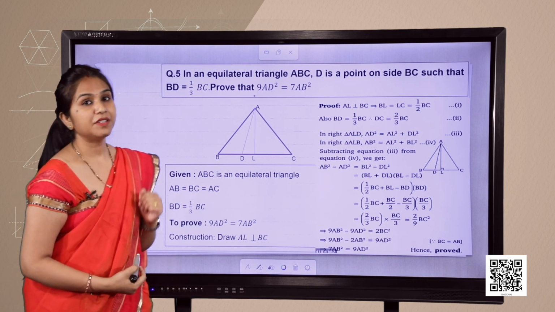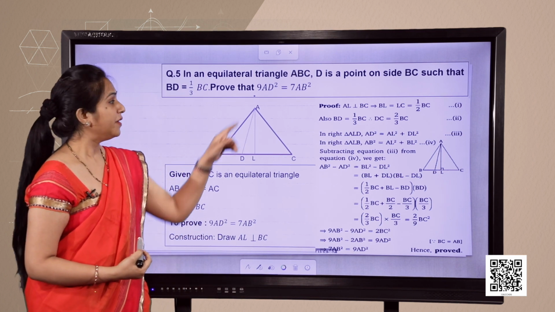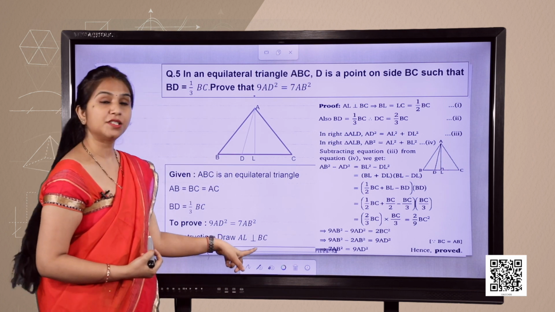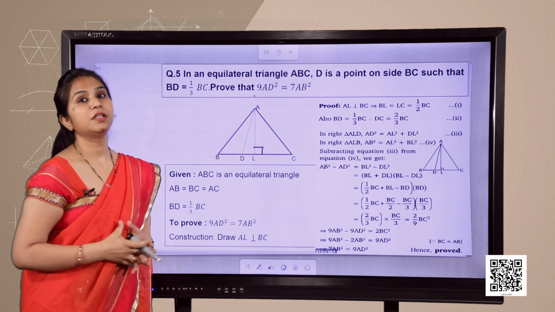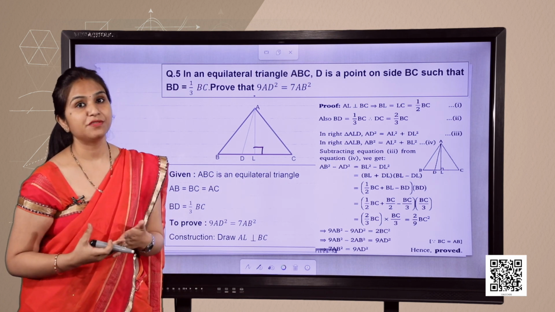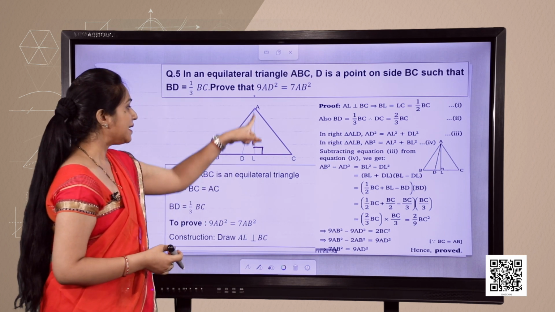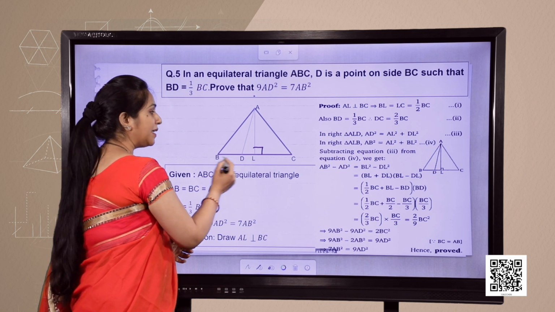Now, after this we are going to do one construction. In construction, we are making AL perpendicular to BC, that is your construction, and when it is perpendicular, no doubt a 90-degree angle is formed at point L. Now, see children, if this AL is perpendicular to BC, what can you say about length BL?